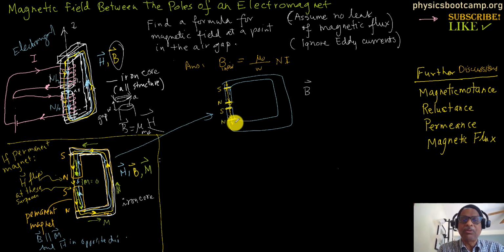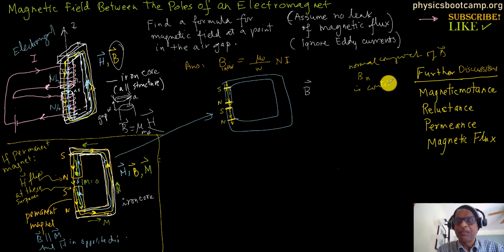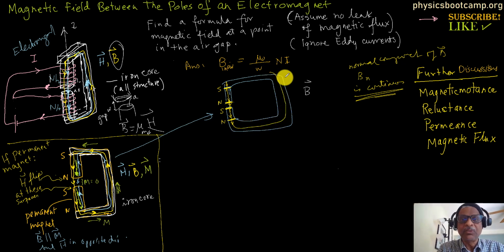Every interface is going to have to continue, because Bn, the normal component of B, is continuous. So this will just continue, and B will just go like that. We'll assume that no magnetic flux is escaping, just going around. Okay, so it's all in this. It will not go out like that. It will always form a loop.